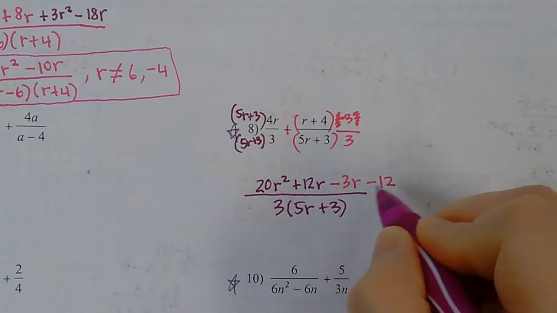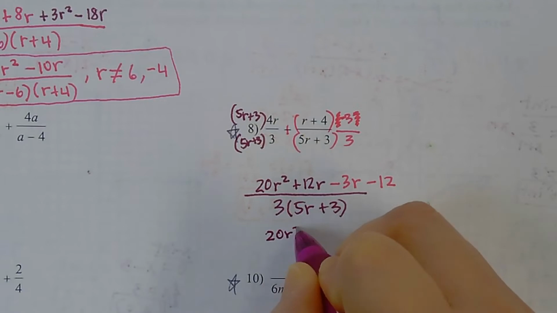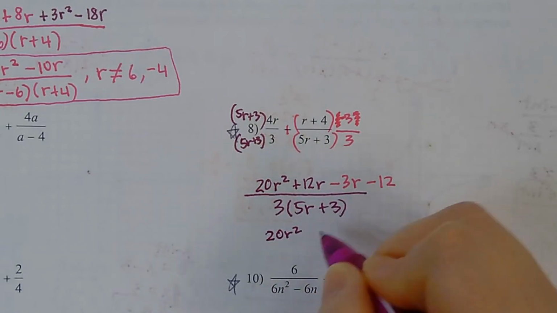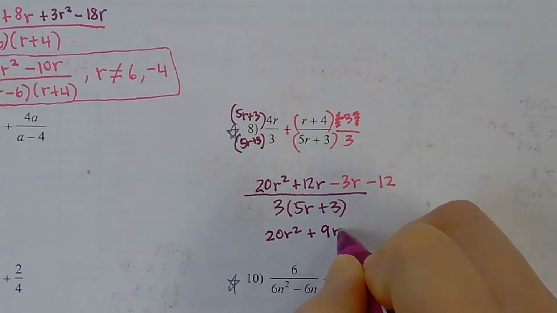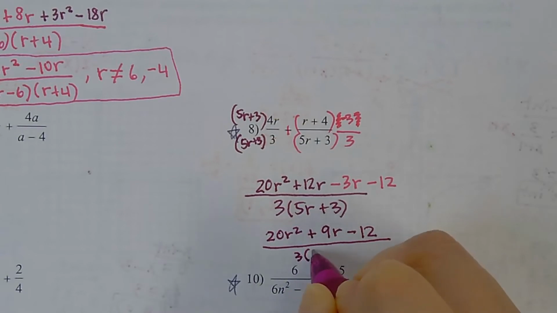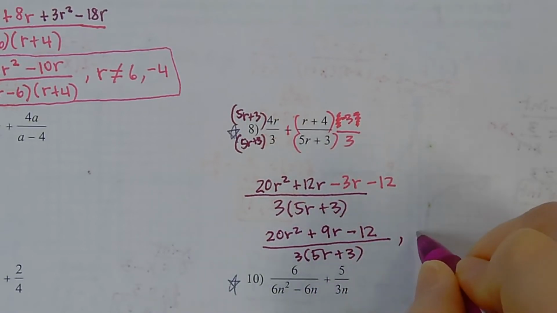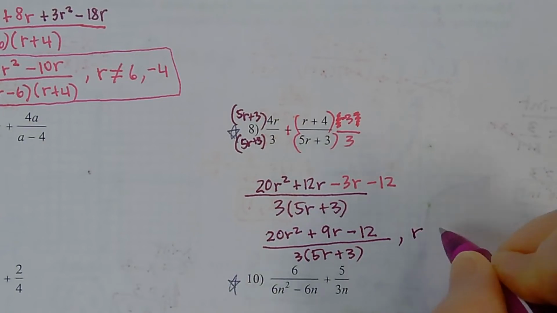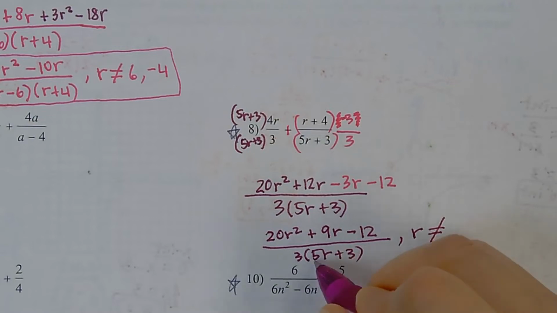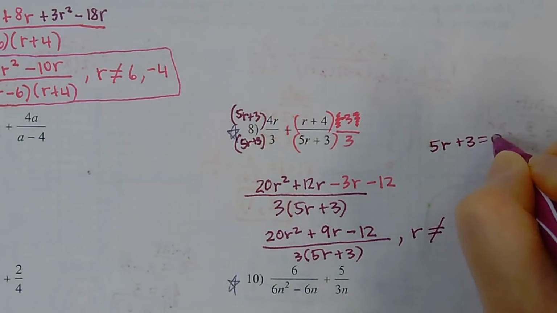All right, now combine like terms, and we're going to get 20r squared, because that has no other like terms. 12r minus 3r is going to be plus 9r minus 12 over 3 times 5r plus 3. And the only thing that r cannot be is, if you want to set that equal to 0, so 5r plus 3 is equal to 0.